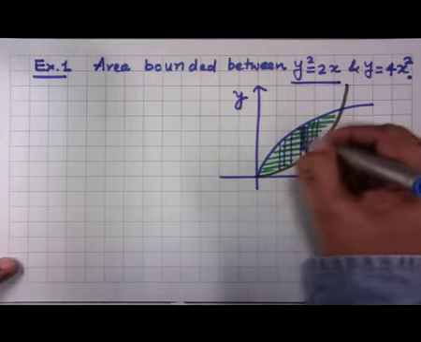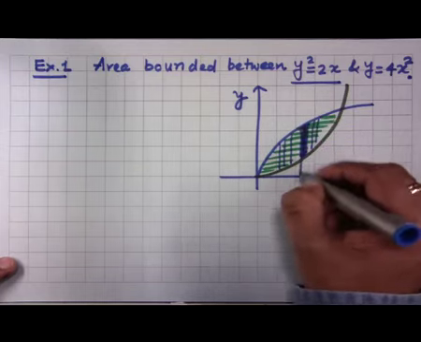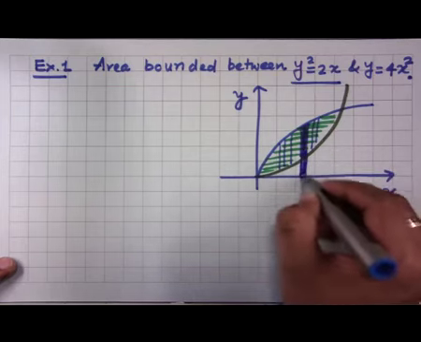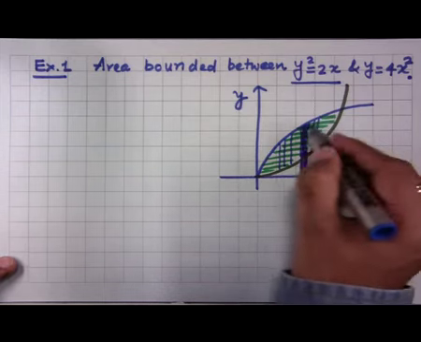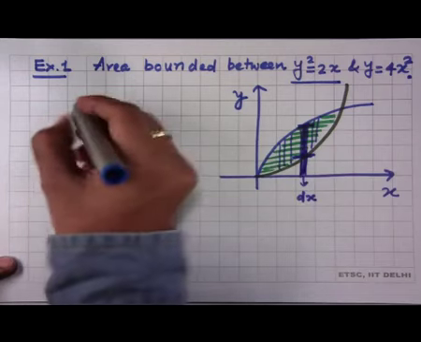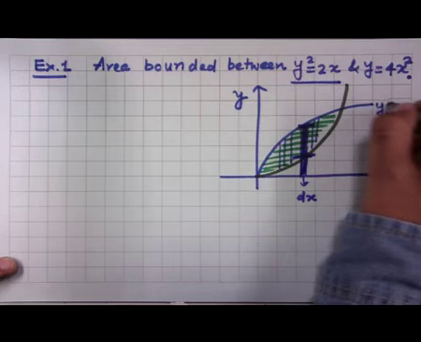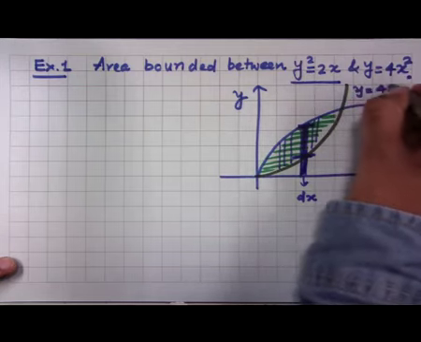So, if we assume that the width of one such elementary rectangle is dx, then the elementary area for this region will be, this is your y square equals 2x and this is your y equals 4x square.